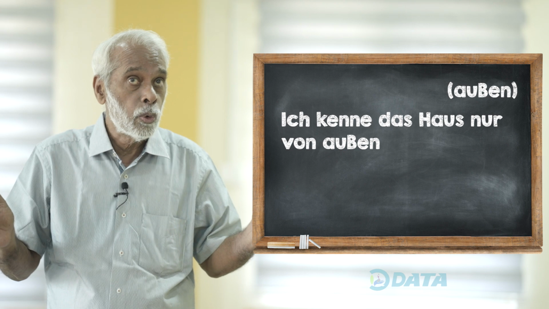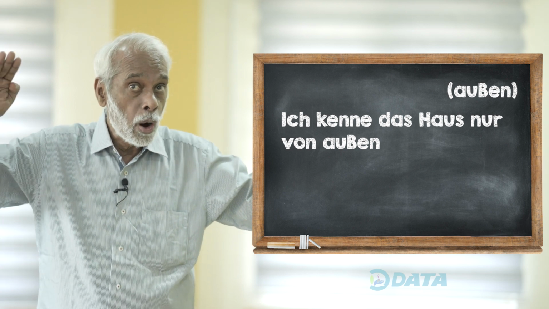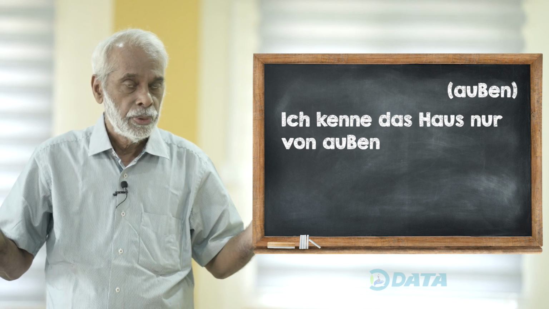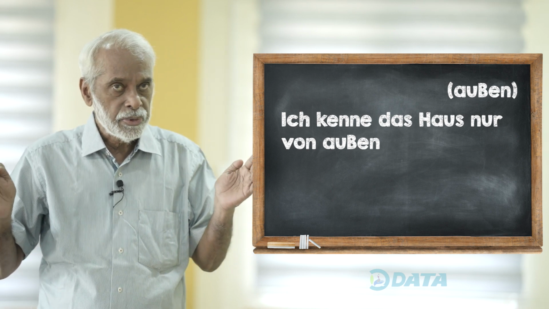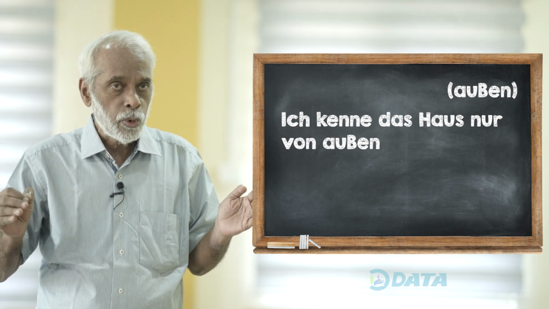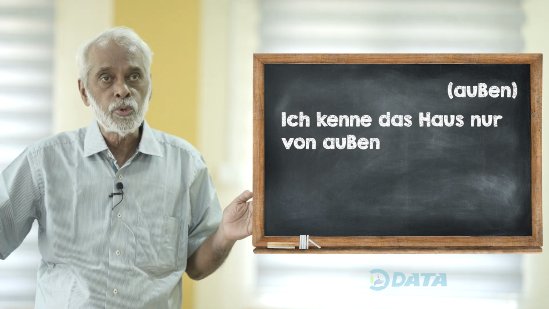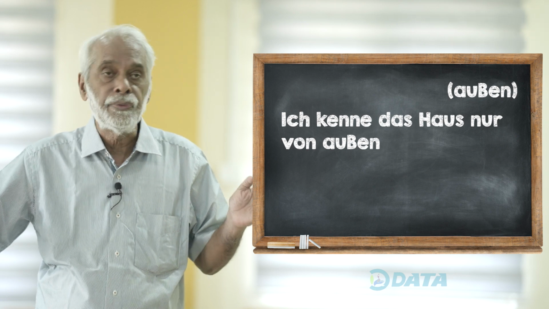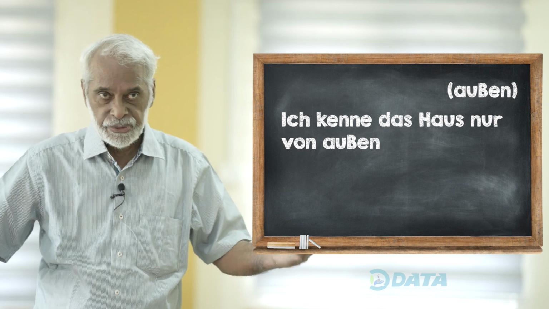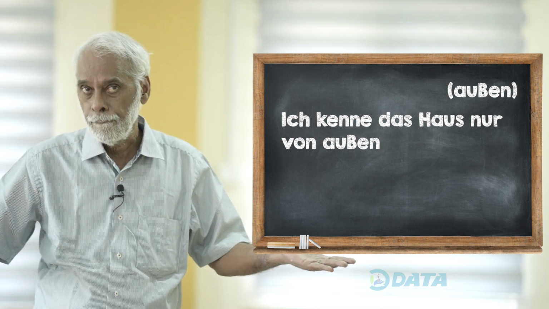I know the house only from the outside part. So in order to not make any mistakes with außen and draußen, you just learn außen means on the outside part of anything, of a house, of a car, of a bus or a train.